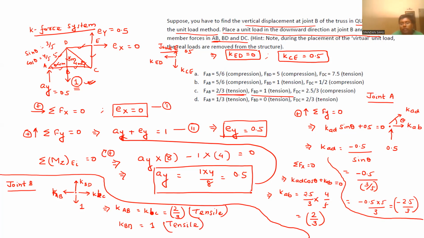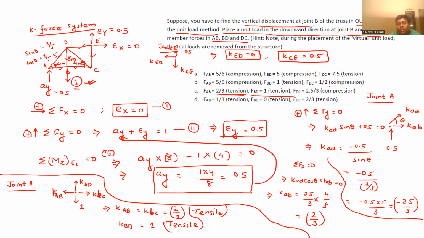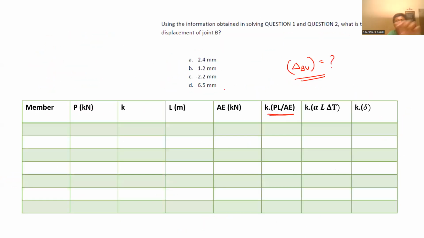And FDC at the last, that is minus 5 by 6, and minus represents compressive. So minus 5 by 6 also can be written as minus 2.5 by 3. So option C.